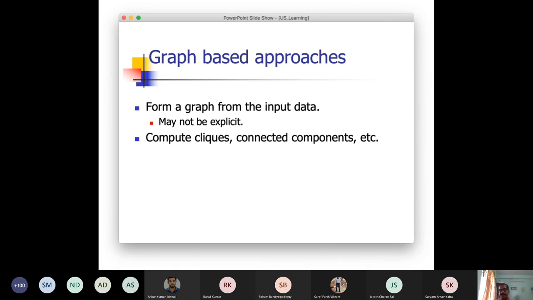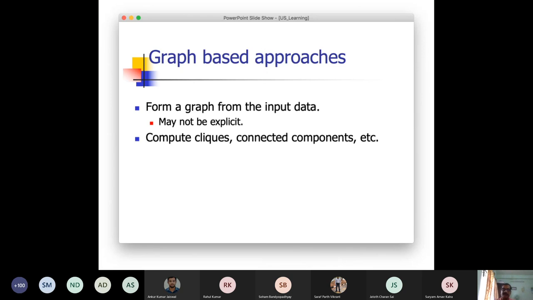And it forms an edge between two data points if they potentially may belong to the same cluster. So naturally, the edge weight would be inversely proportional to the distance value.